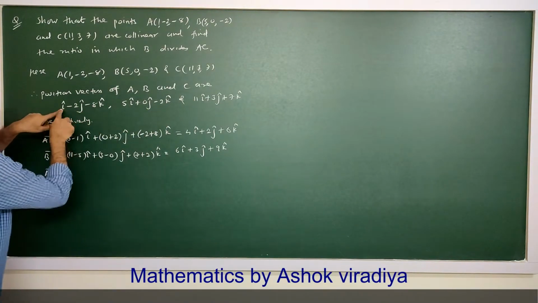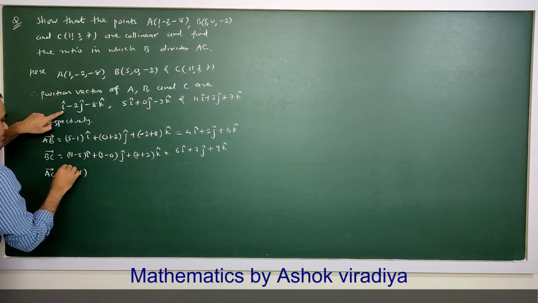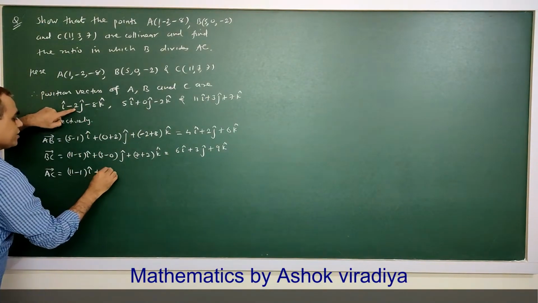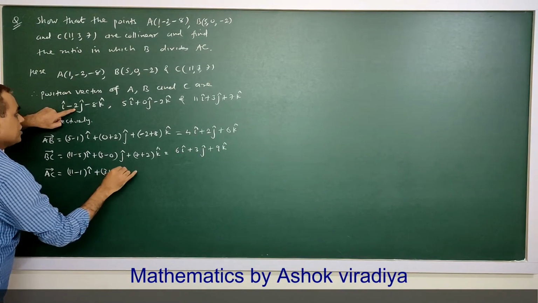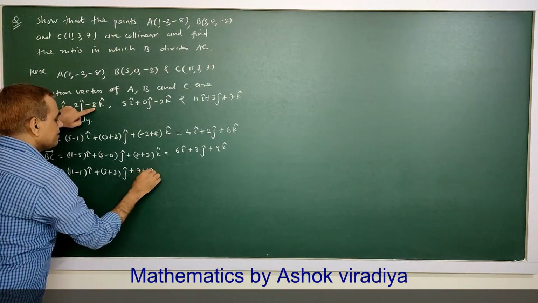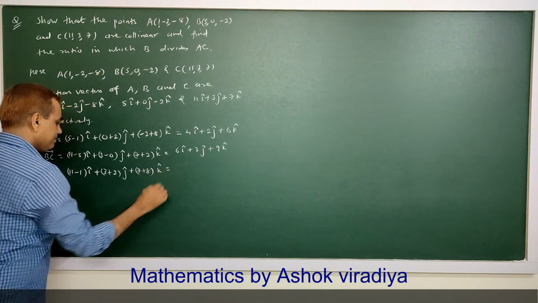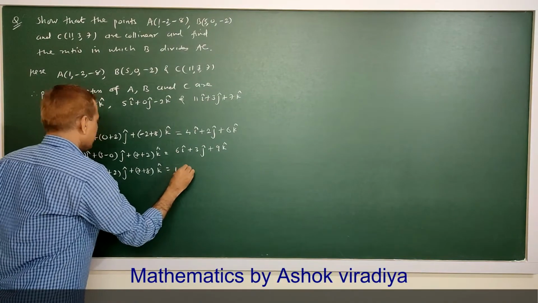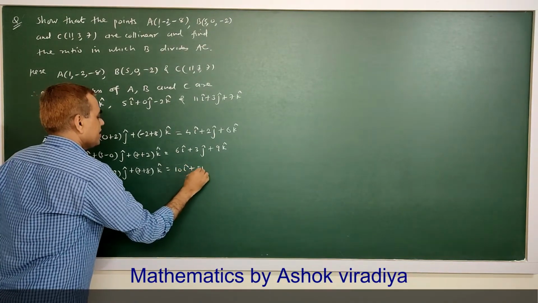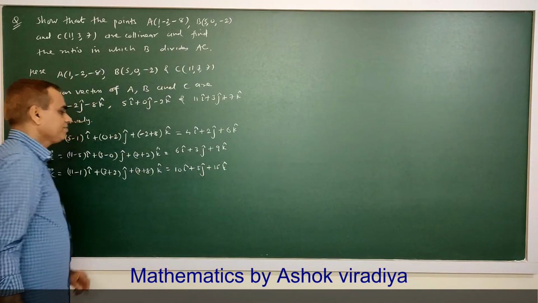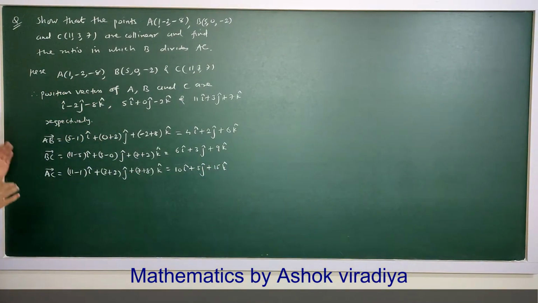So 11 minus 1 times i plus 3 minus minus 2, that is plus 2, times j, 7 minus minus 8, that is 7 plus 8, times k. So it is 10i plus 5j plus 15k. So these are vectors AB, BC and AC.